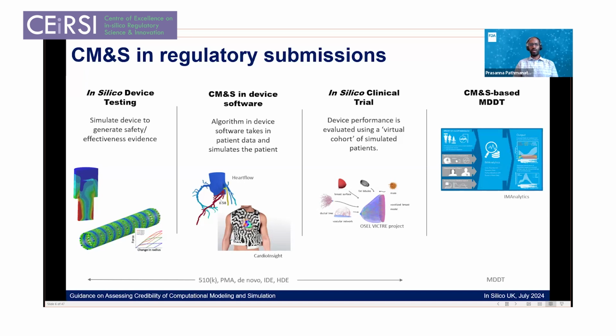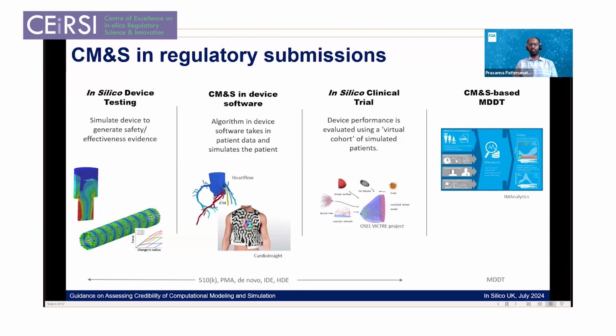The third case is an emerging area for computational modeling and simulation, something that we call in silico clinical trials. Different terms are sometimes used for that. This goes back to the first case with the model of a device, but couples it to a range of models of patients.